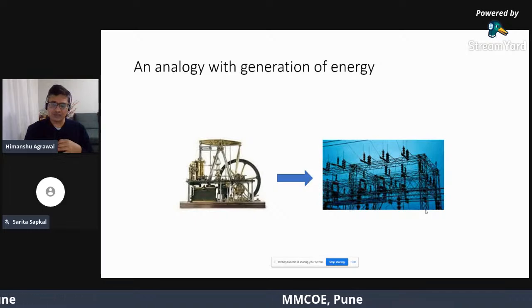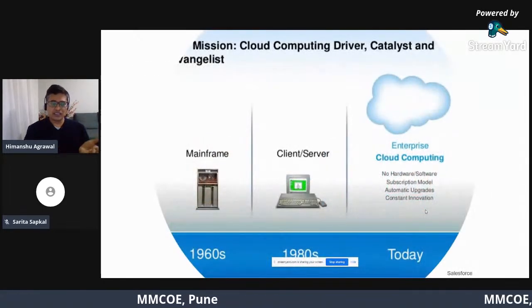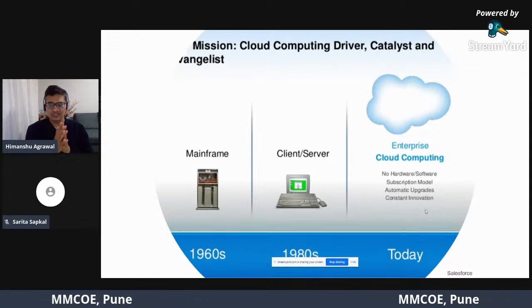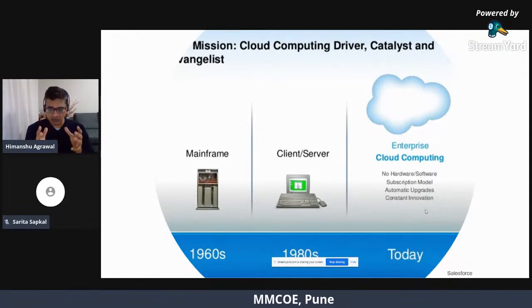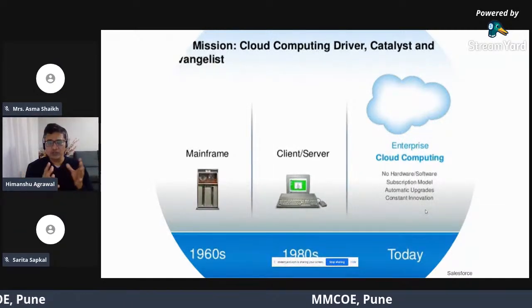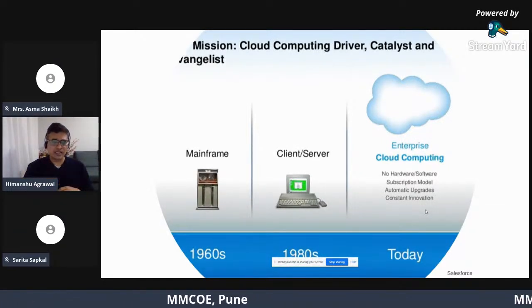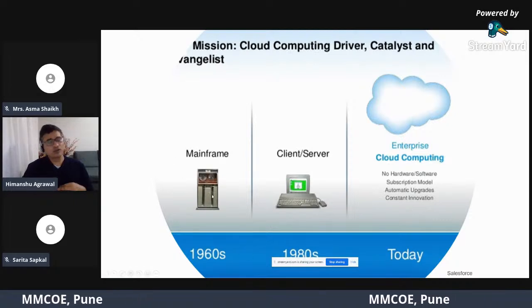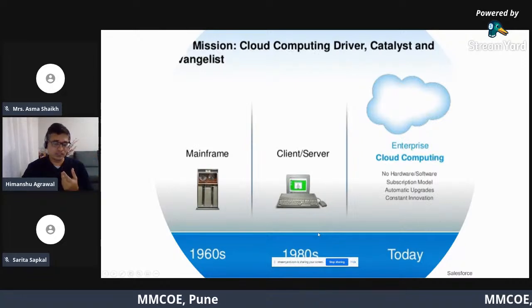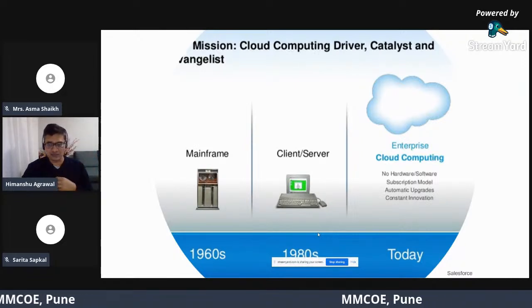Same is the case with the cloud. When you see the evolution from the mainframe computers to the client server kind of machines we have seen in the 80s, to what we see today, which is cloud computing, you don't need to own such large mainframe computers. The mainframe computers of the 1960s were considered quite powerful then, of course.